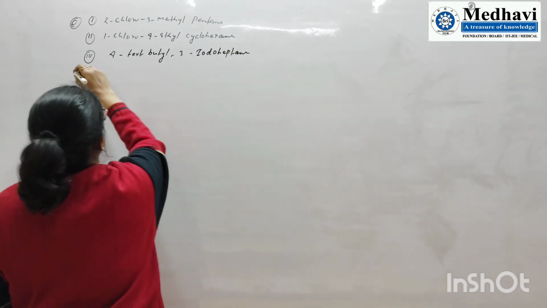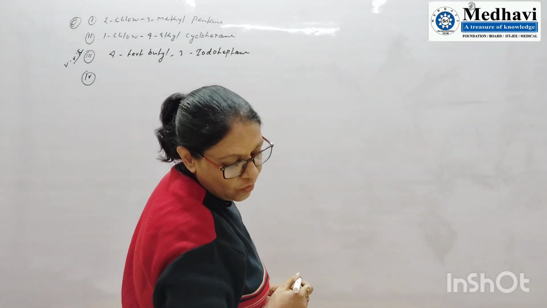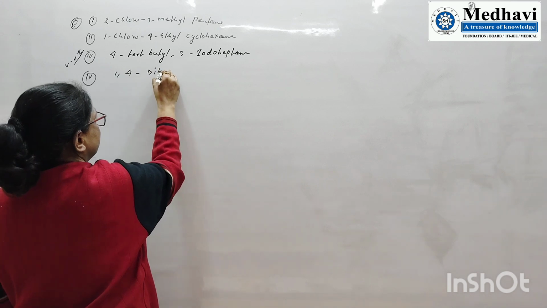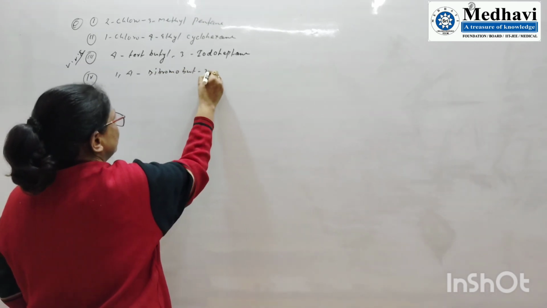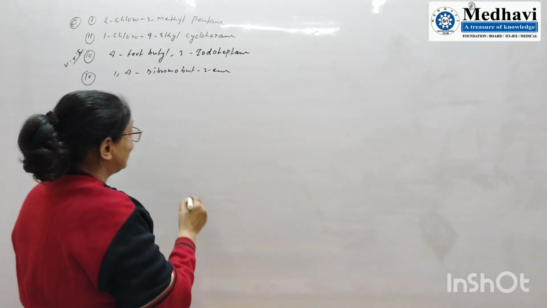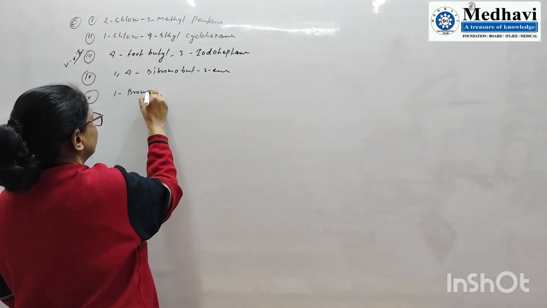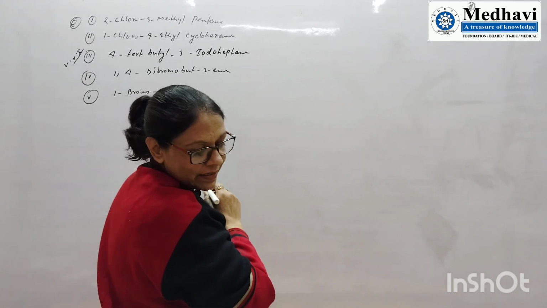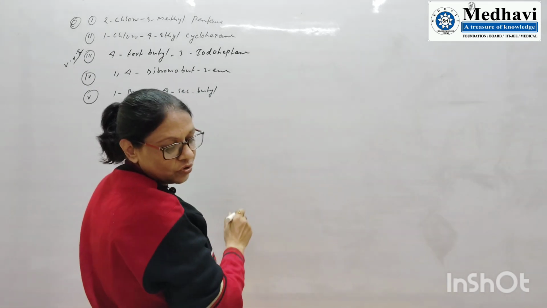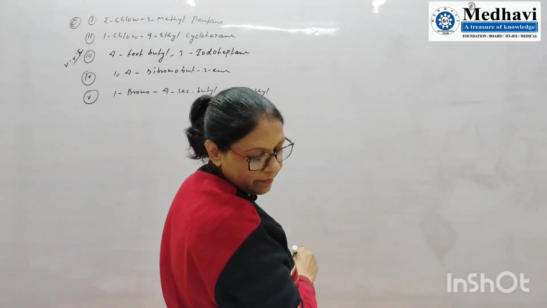This is going to be very important and highly confusing. Fourth one is 1,4-dibromo-butene. And the fifth one, the last one, is 1-bromo-4-secondary butyl-2-methylbenzene.